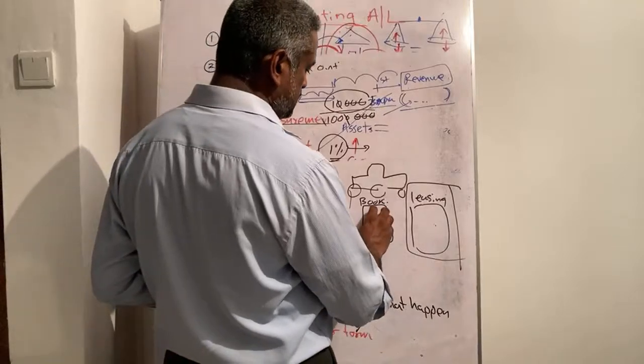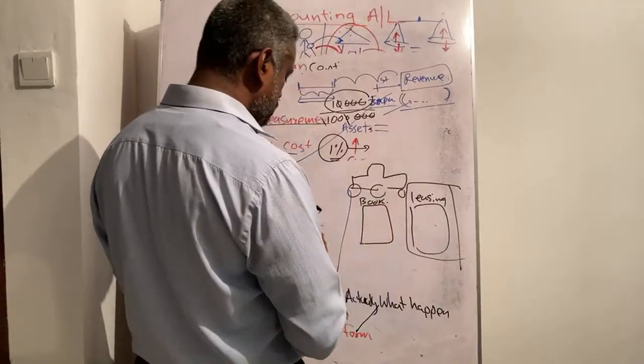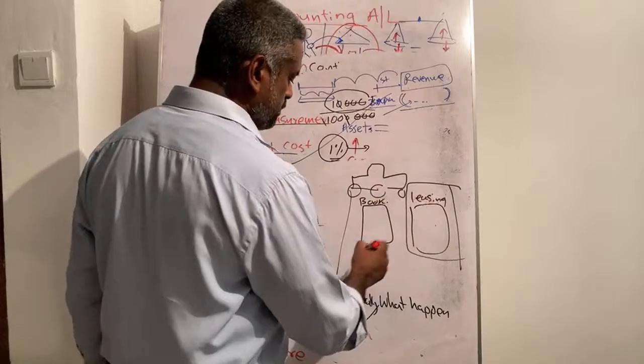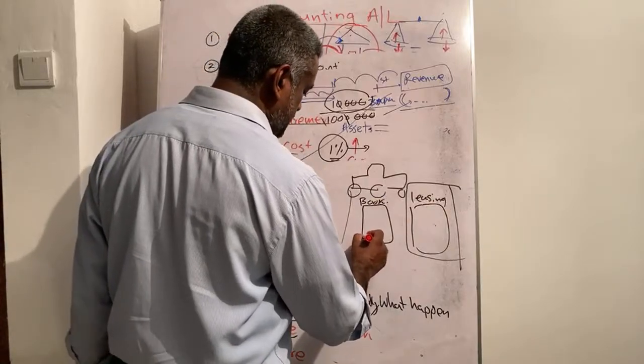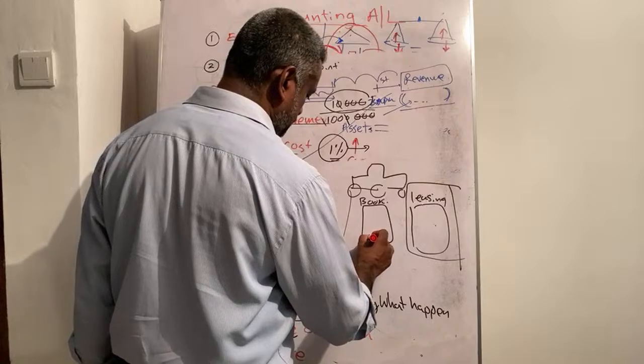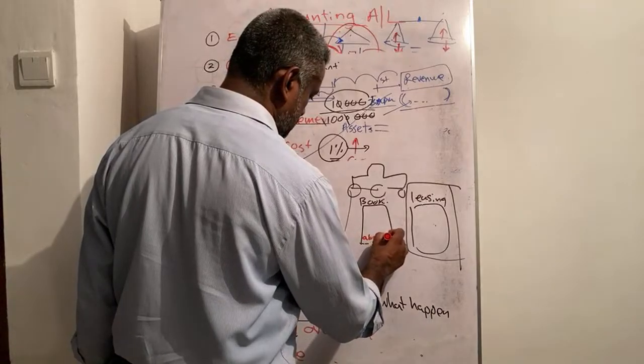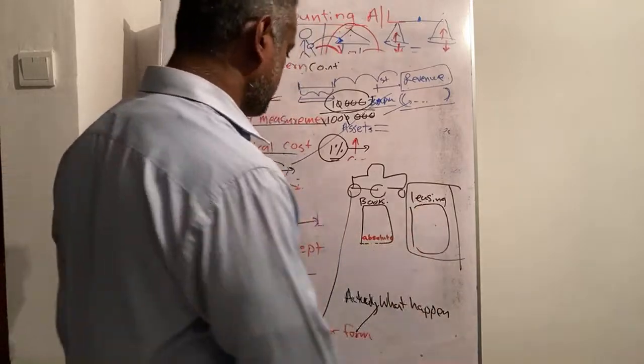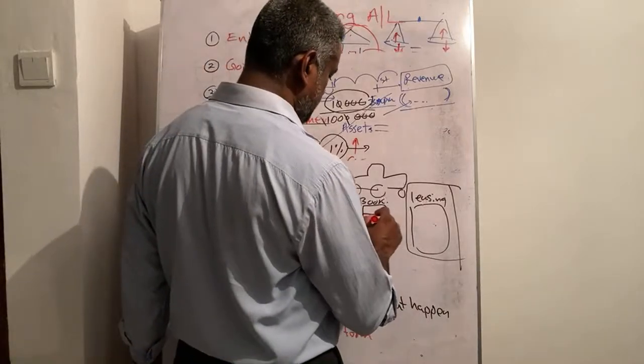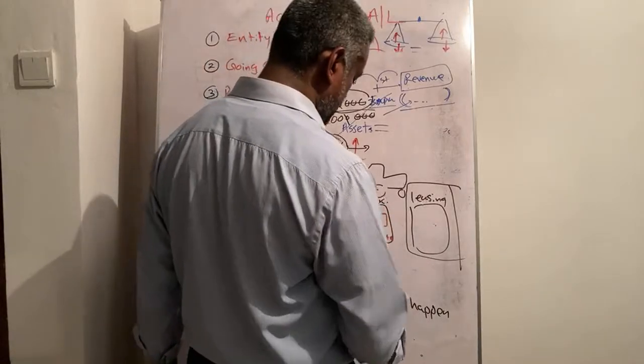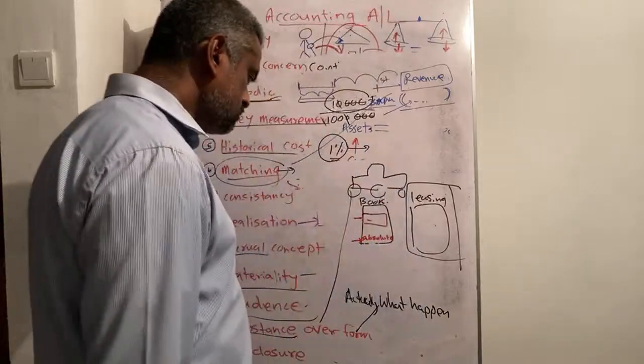The vehicle book is there. In that book, the leasing company's name will be appearing as absolute owner. Absolute owner, right? Your name is appearing here as the owner, but the absolute owner is there.